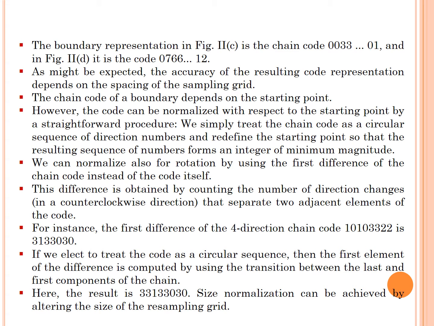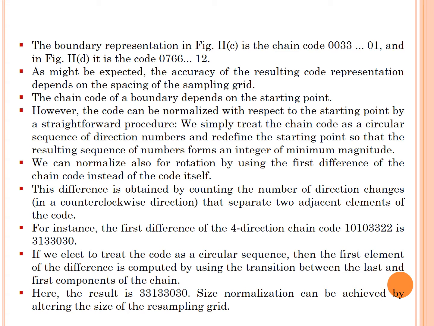The boundary representation in figure 2c is the chain code 0033...01, and in figure 2d it is the code 0766...12. As might be expected, the accuracy of the resulting code representation depends on the spacing of the sampling grid.